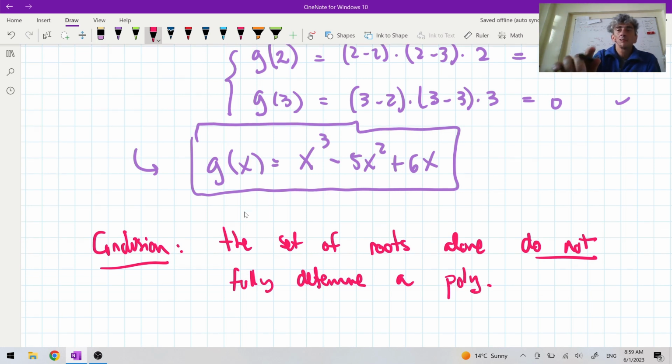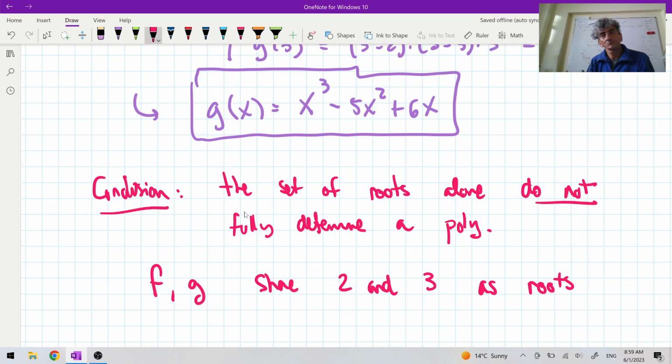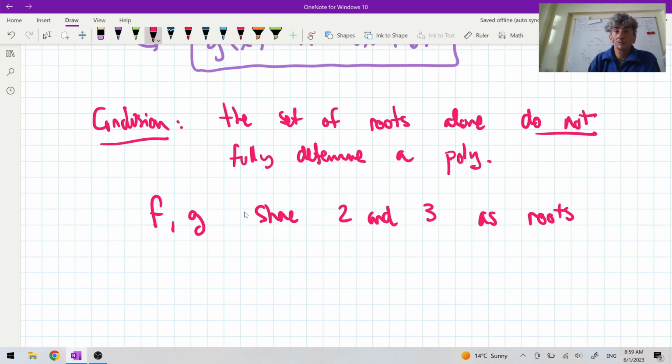Okay, we have f and g sharing 2 and 3 as roots, and they have different degrees.